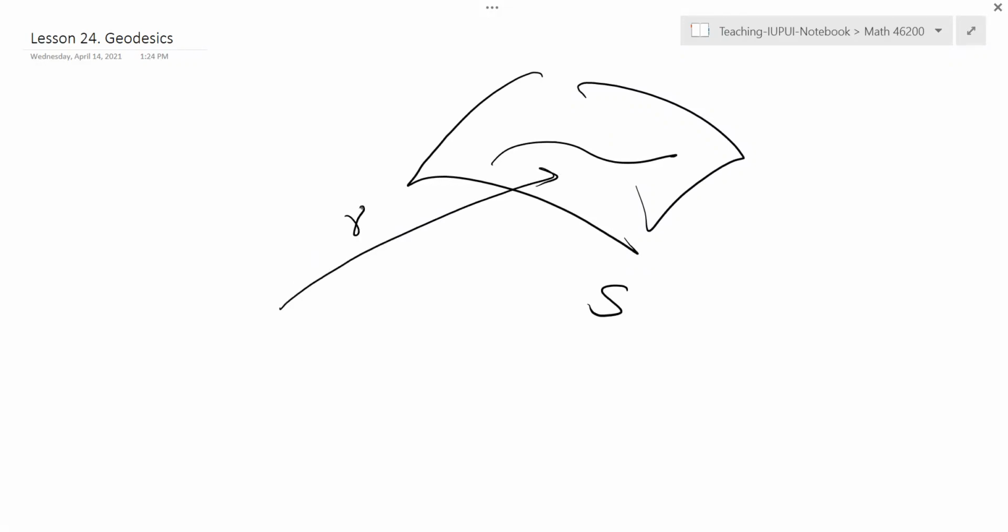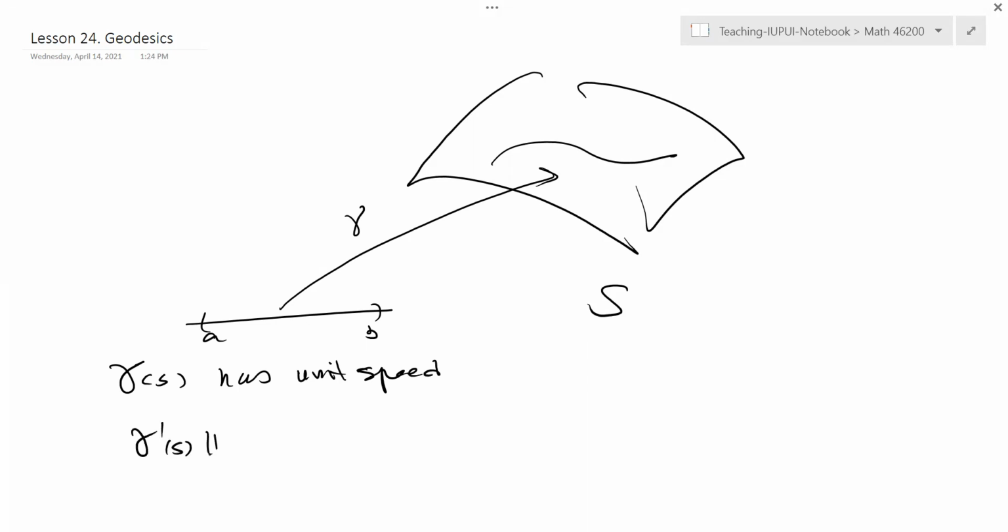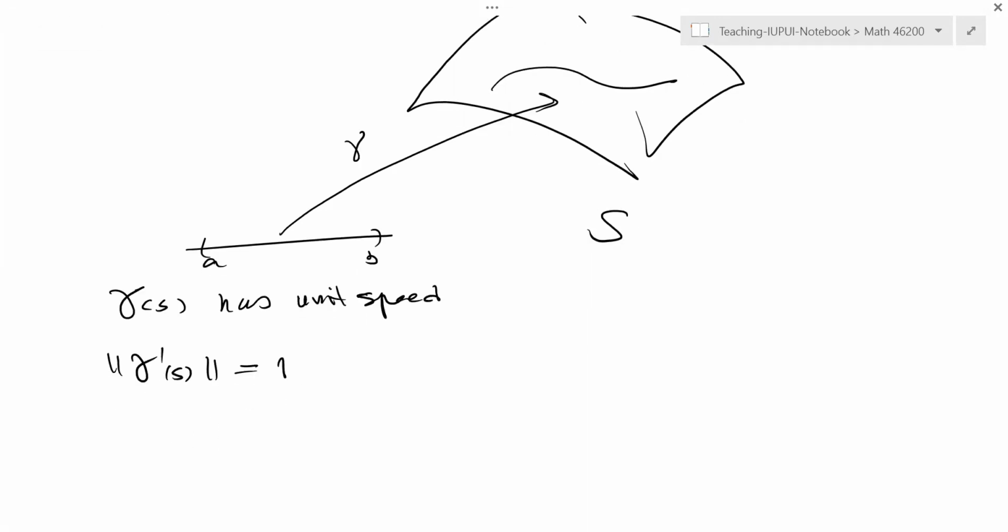We assume that gamma is from A to B, the interval. This gamma(s) has unit speed, so that means the length in space is always equal to 1.